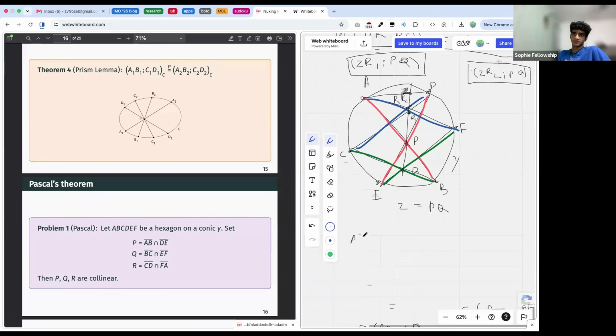Ideas and stuff. You have AD, AR, AP, AQ. Where do we project this?